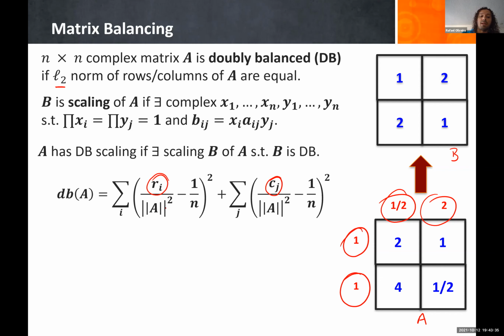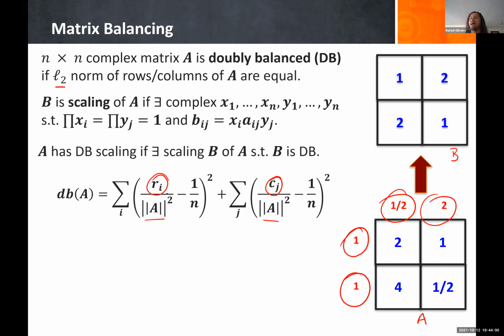And here we're just normalizing by the total norm. If I normalize by the entire norm of the matrix, all we're saying is that if Ri over the norm of the matrix A are all equal, then this ratio has to be 1/n.